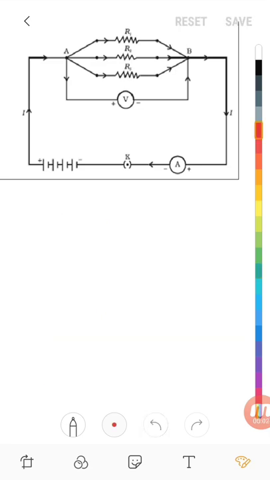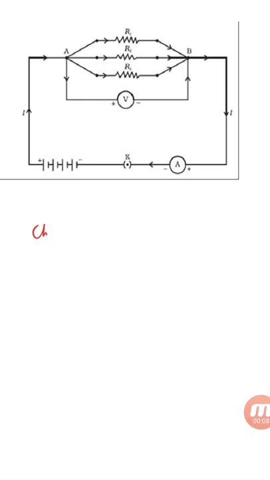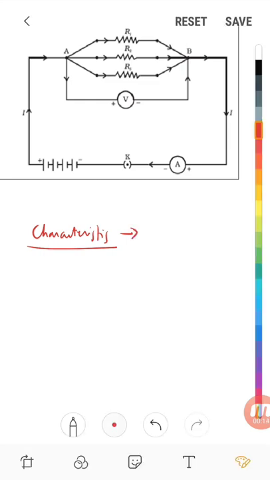Let's see the characteristics of this arrangement.